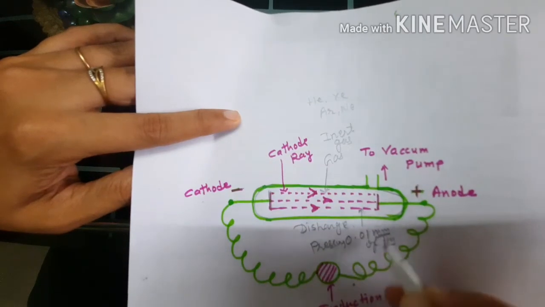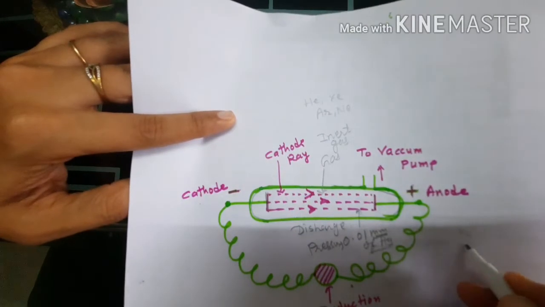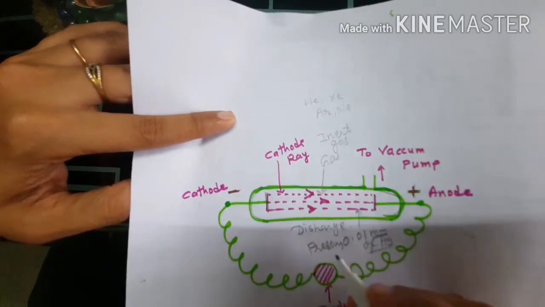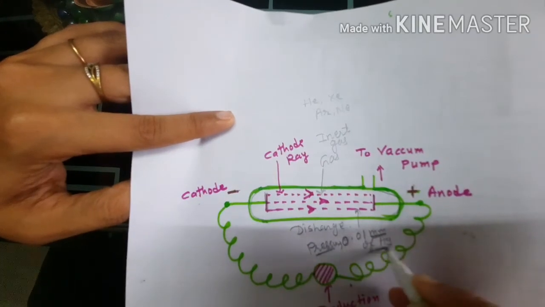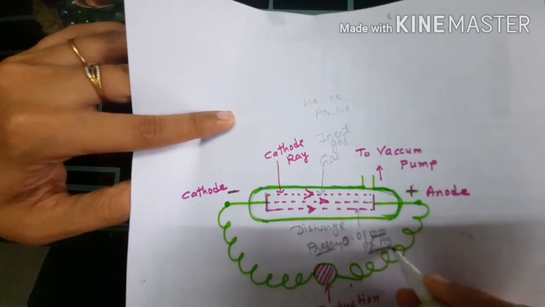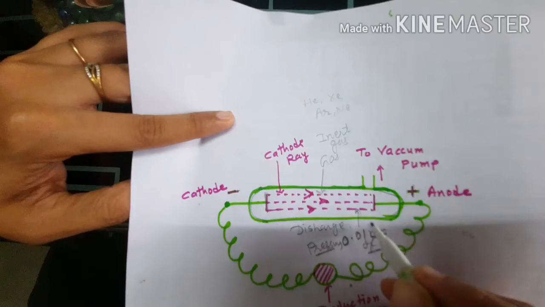Millimeter of mercury is a unit, just like we write kilogram, gram, meter, centimeter, in the same way mm of mercury is a pressure unit. So the pressure was 0.01 mm of mercury.